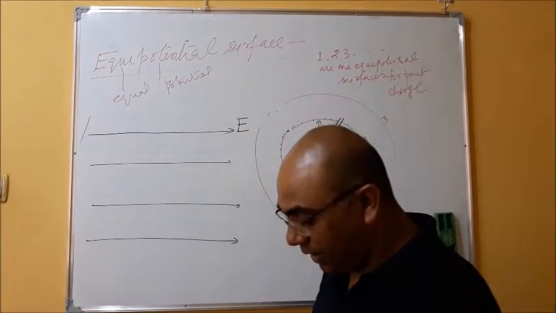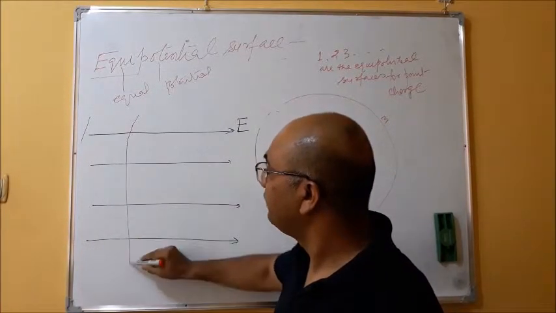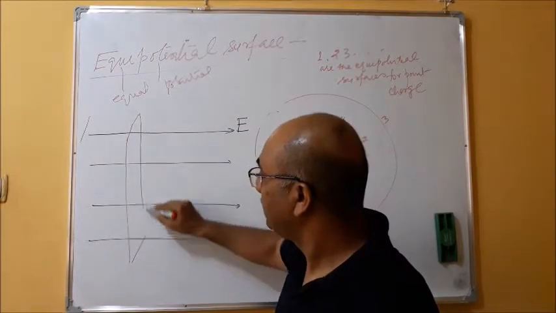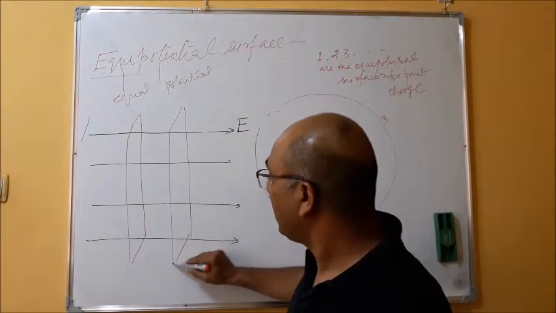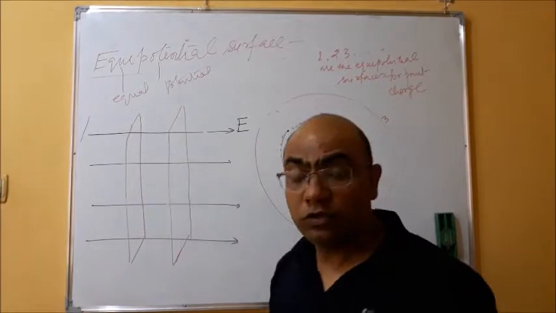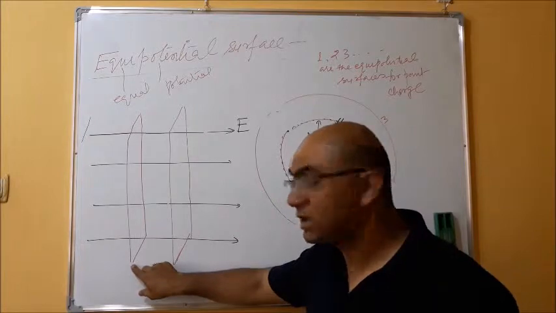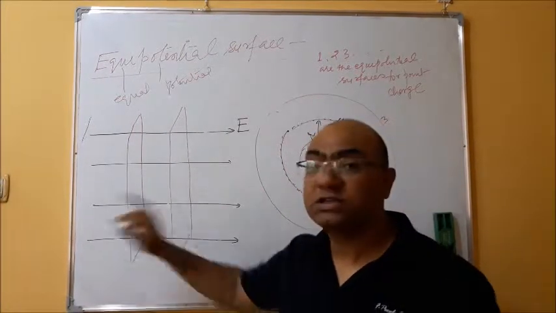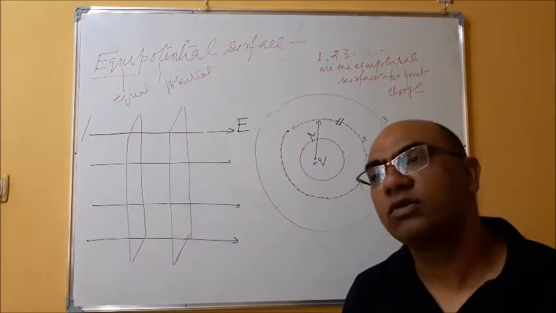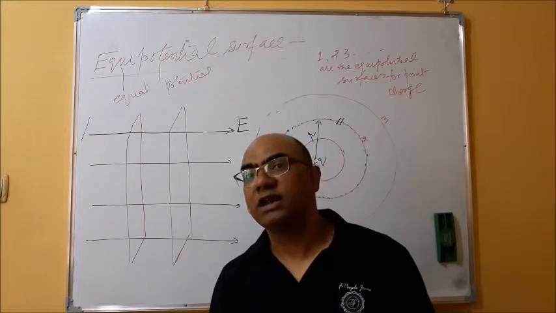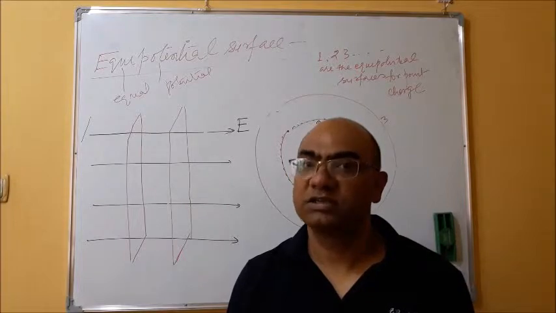If I put different walls like this, at every point of this wall you will get the same value of potential. So this is an equipotential surface for this uniform electric field. Depending on the direction, the magnitude, and the behavior of the electric field, you can find the equipotential surface.